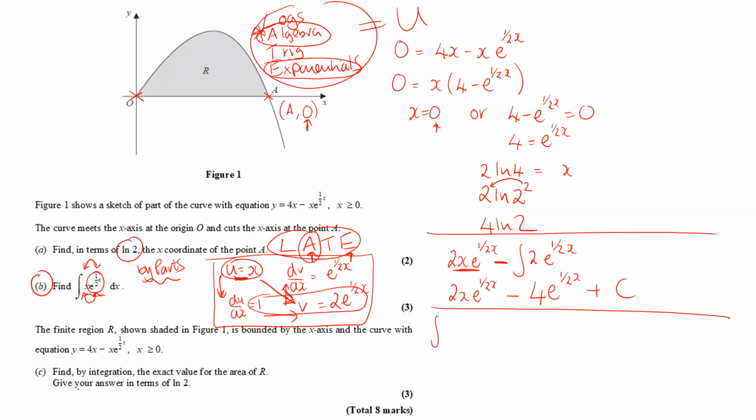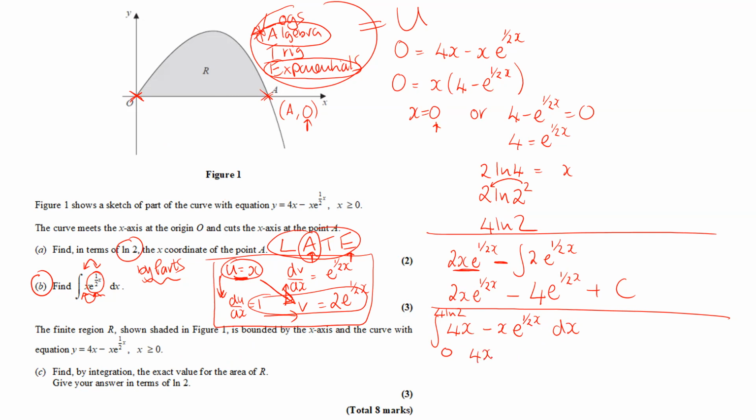So now we need to do our integration. We need to be integrating our curve, which is 4x minus x e to the half x, and we're going between 0 and what part A made us find, 4 ln of 2. So now we just need to integrate.